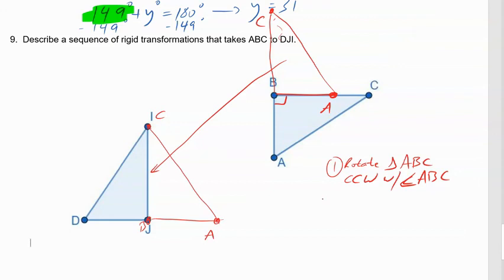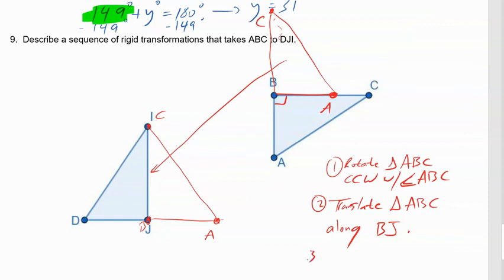So that was a translation, right? So step 2, translate triangle ABC along, we can say B to J.